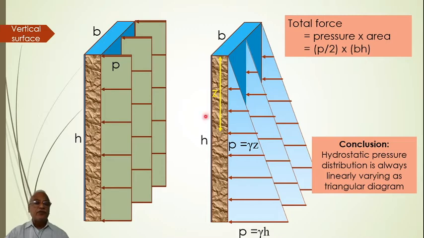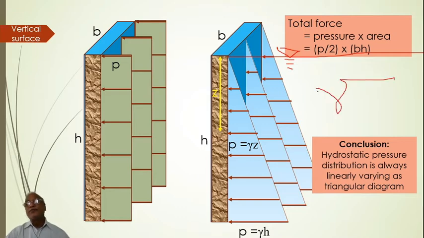So if you imagine that this whole thing is inside a liquid, let me show the liquid surface like that. So here there is a surface of liquid with gamma as the specific weight of the liquid.